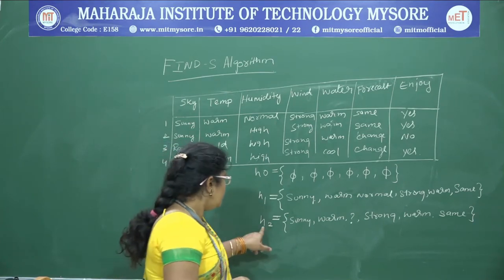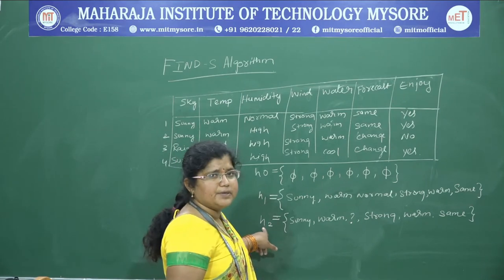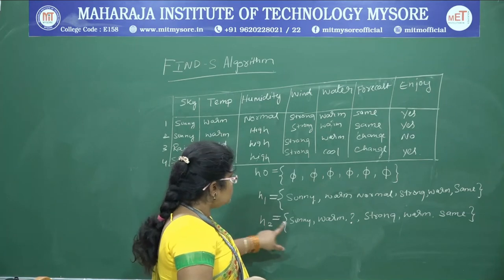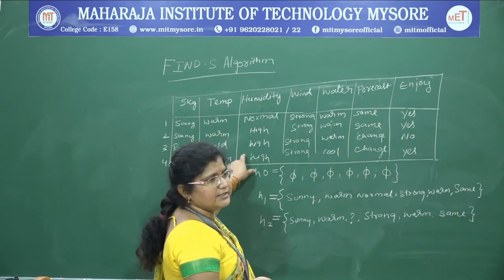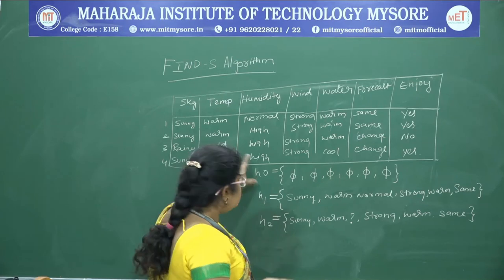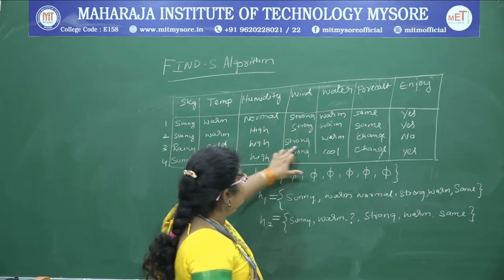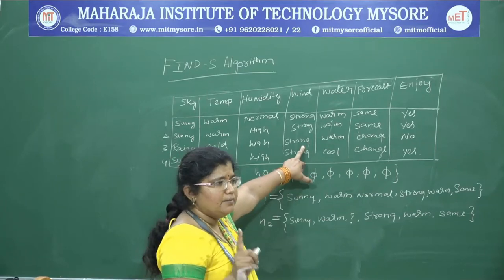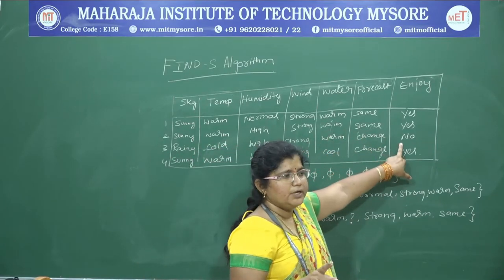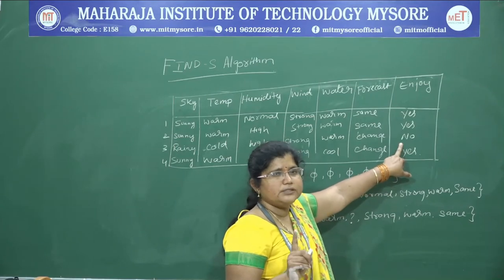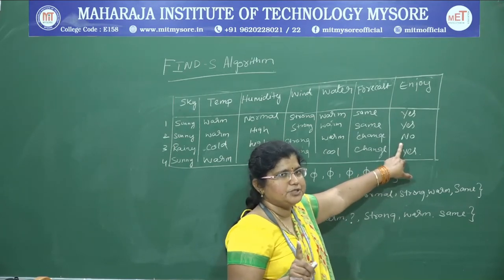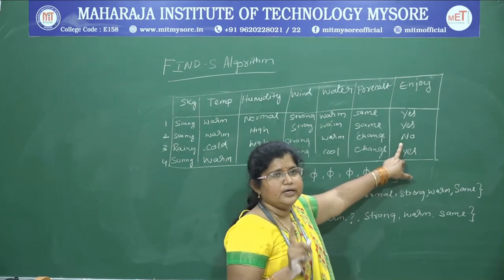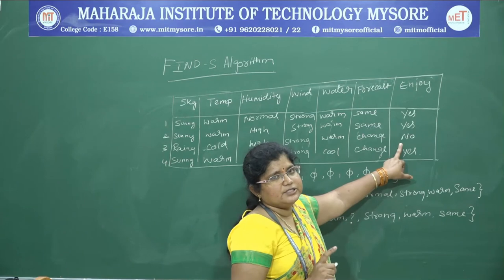Now let us look at what happens next. H2 must be compared with the next training example, and the next training example or instance must be positive. If it is positive, it is going to perform the comparison operation. But the third training example is a negative instance.